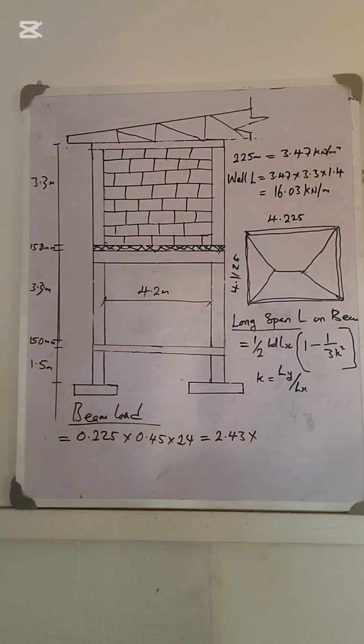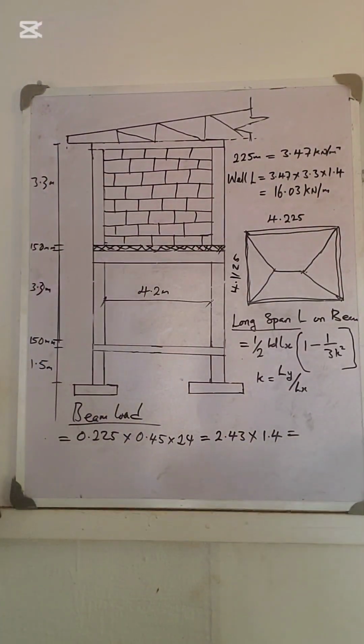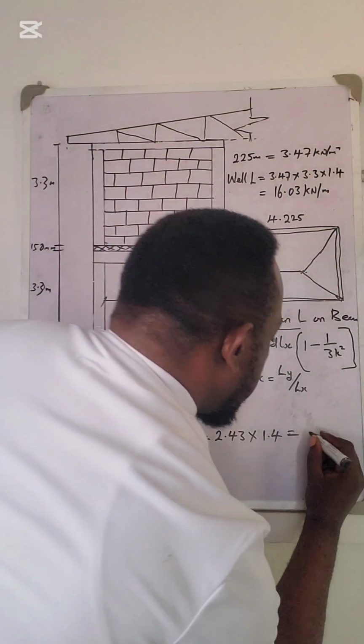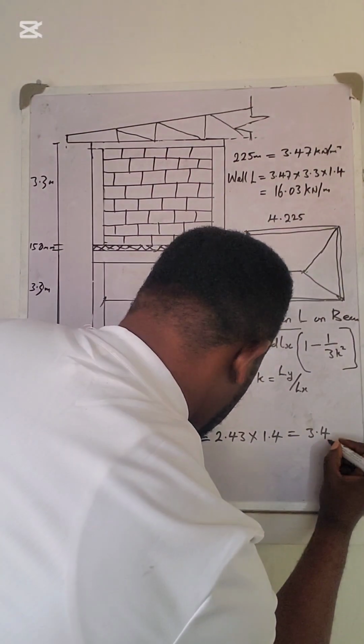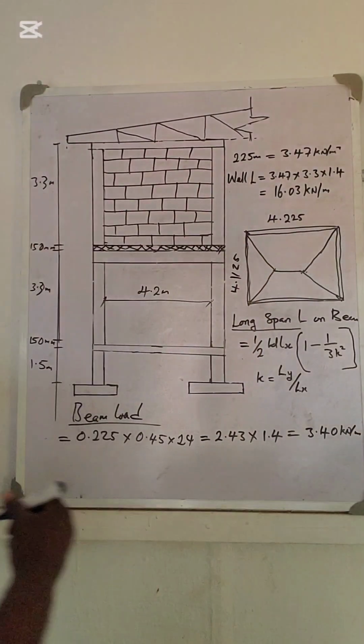Remember that beam load is also a dead load, multiplied by 1.4. This equals 3.40 kilonewton per meter.